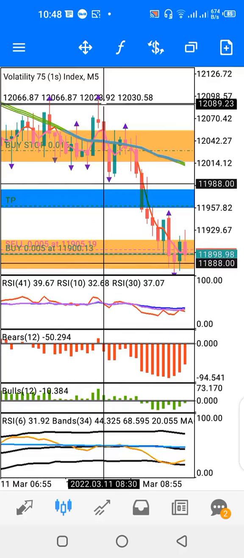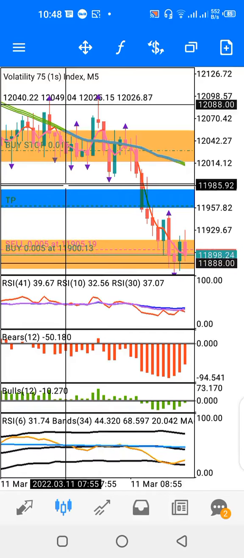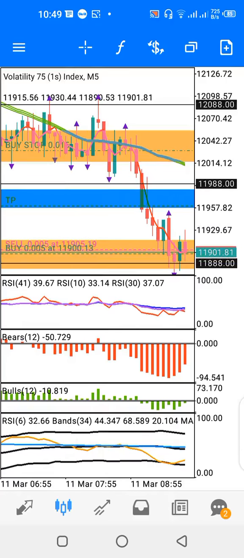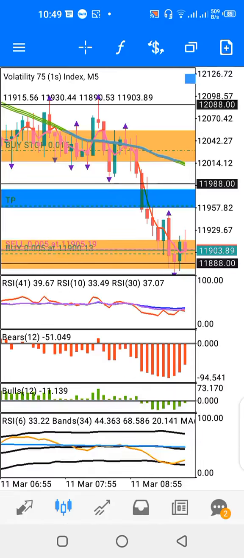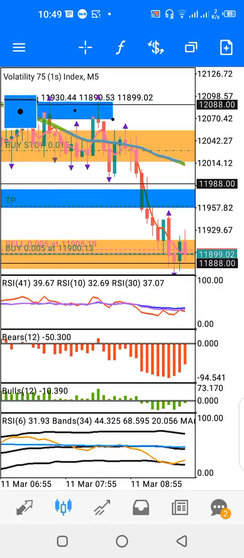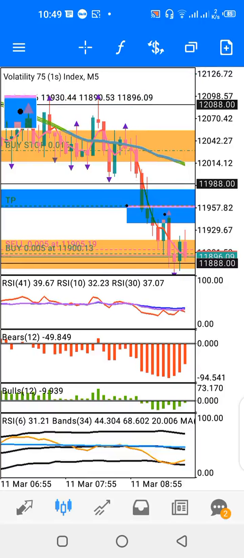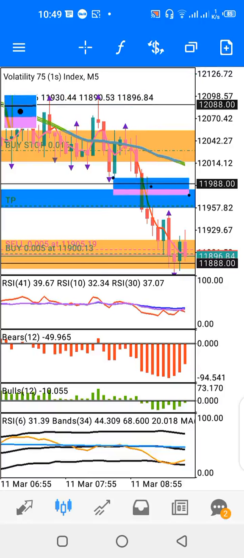I'm talking about the 12088, 11988, 11888. If you look at the 12088, for instance, you can see price testing that level on the 5 minute time frame. Price tested the level twice before going down. You can see a clean break on 11988.